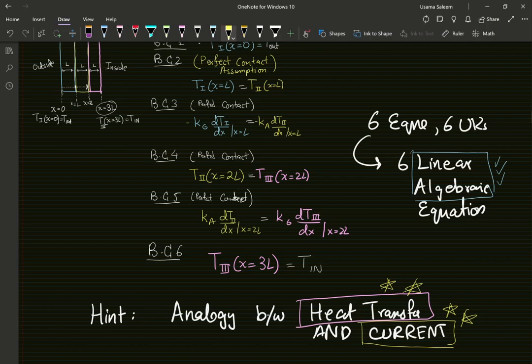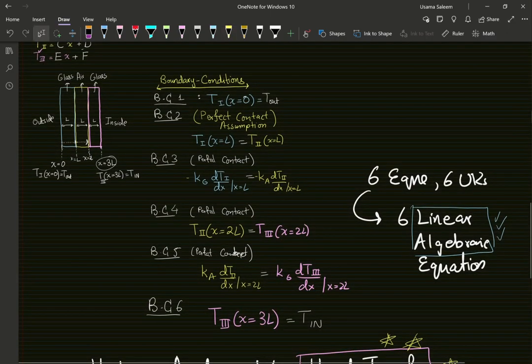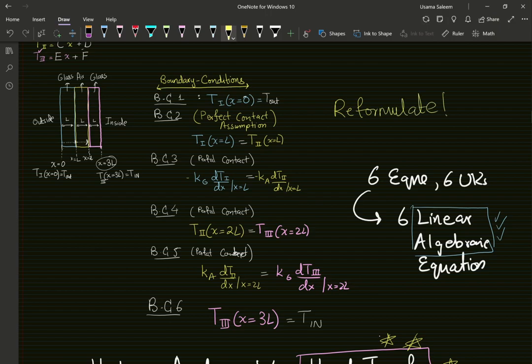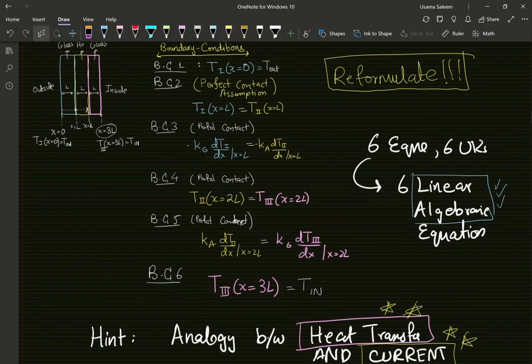We'll see if the equations that describe both behaviors share a structure at a higher level, so we can use some analogy and reformulate this entire problem, hopefully in a much simpler way. In that way, hopefully we won't have to deal with a lot of linear algebra.